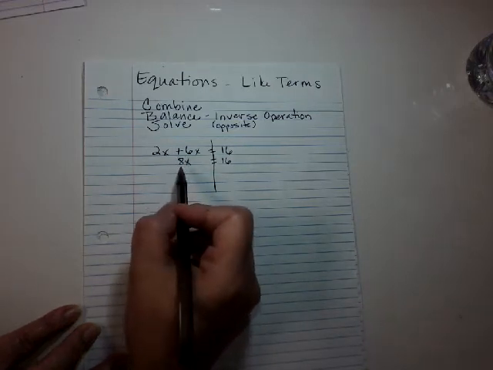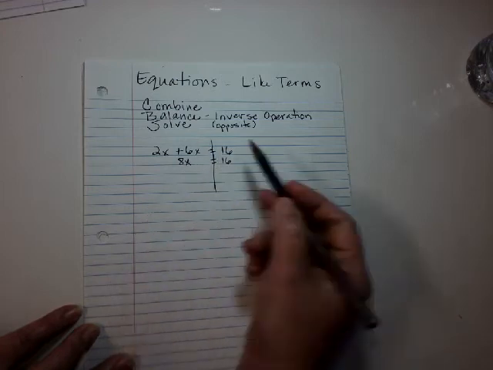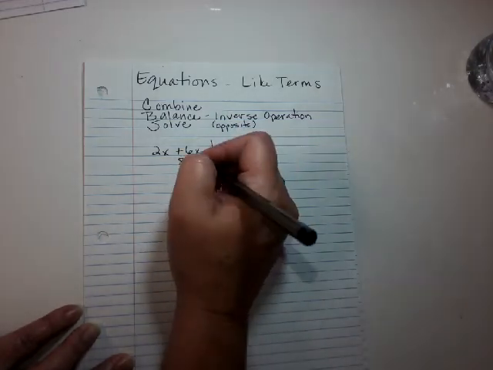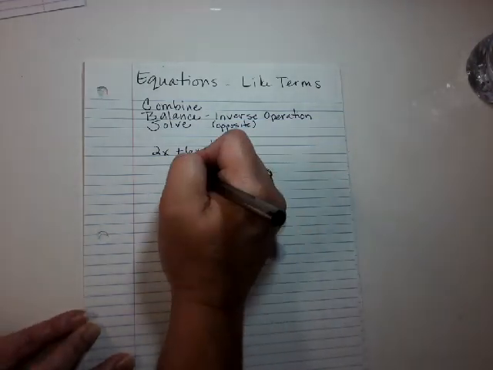You have 8 x's, right? But if you were to say it with a type of operation, it's 8 times x. And the inverse operation, or opposite of times, is going to be divide, right? So we're going to divide this by 8.